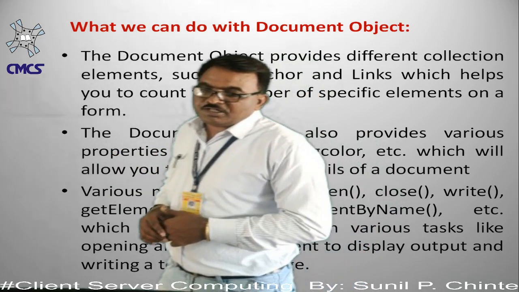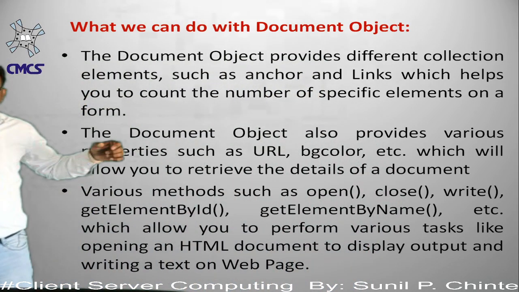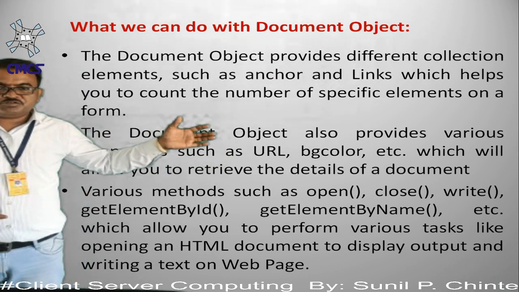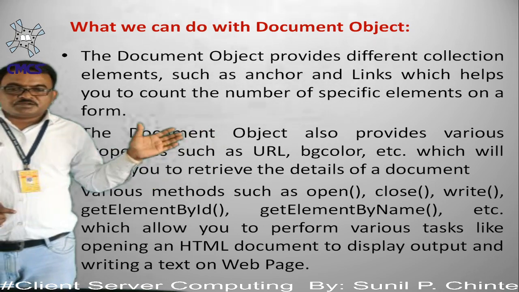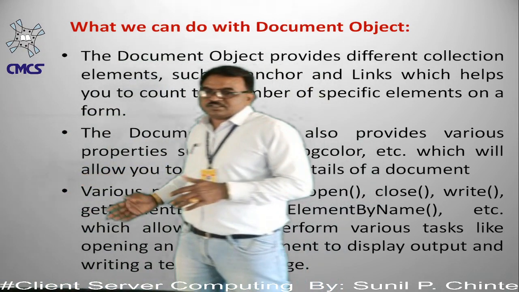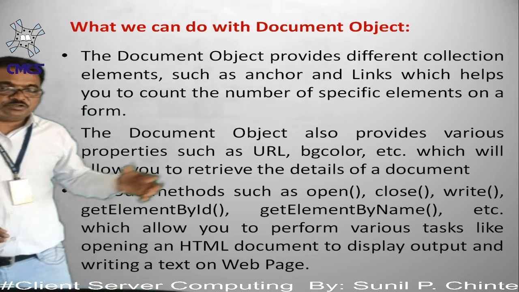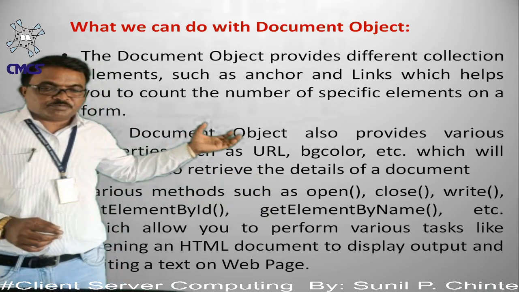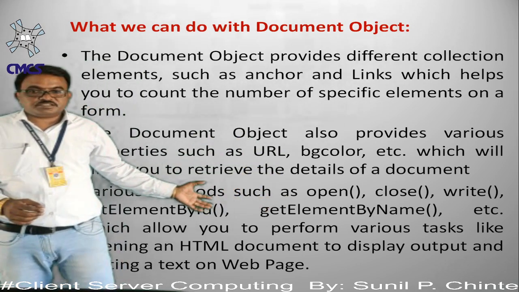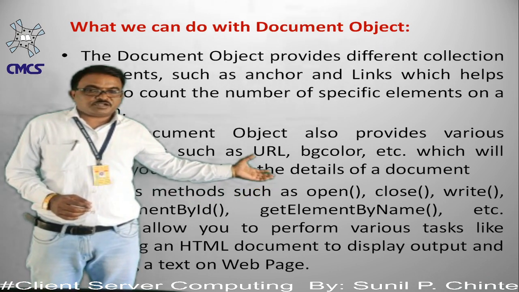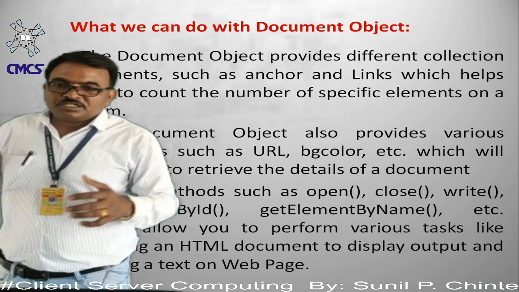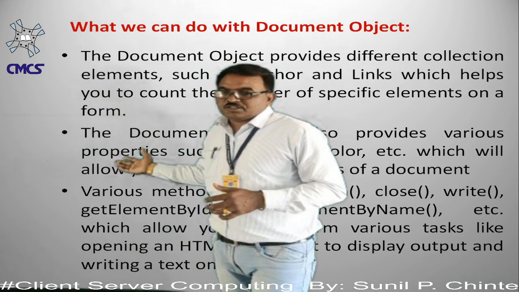It also has different methods, by which you can give output or write some text on the page, just like the writeln method, or you can access the elements using methods such as getElementByName or getElementById. So these are the things that you can do with the document object.